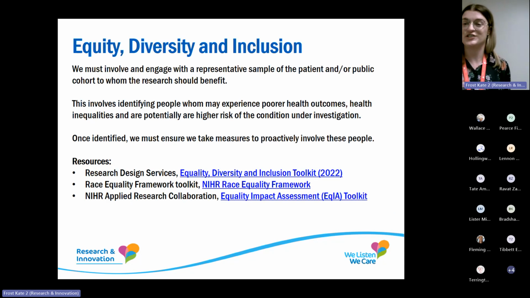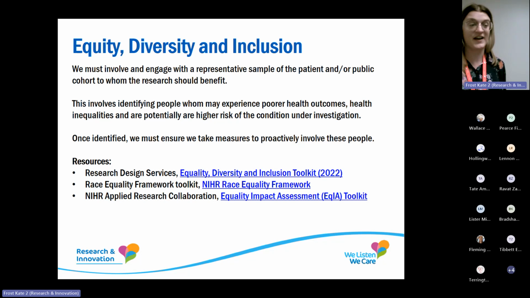Equality, diversity and inclusion. I wanted to end on what I've tried to weave throughout the session today, and this is such an important element now of any project. Again, like patient involvement, EDI, or as I like to say equity, because that's what it's really about, is now a mandatory requirement for any research application or ethics application.